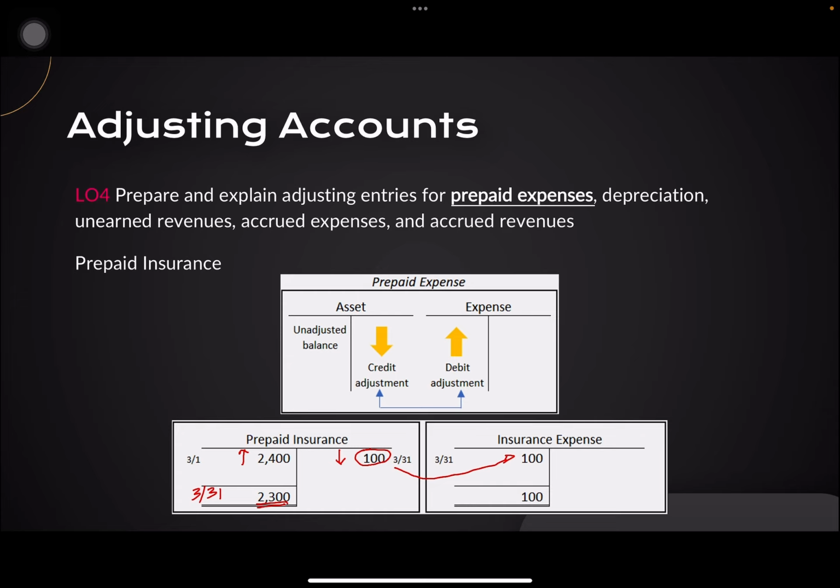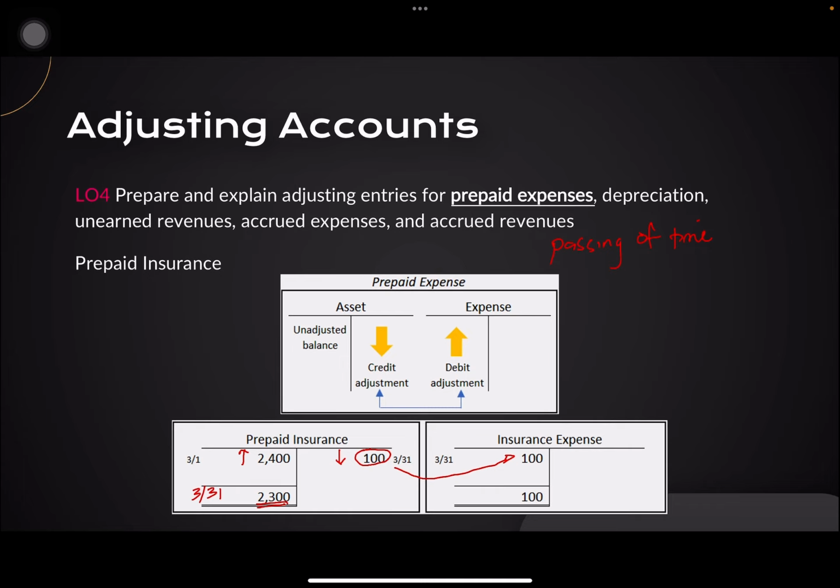So class, this is an example of passing of time. I've mentioned a while ago that there are two types of expenses that happen. It may be through direct usage or passing of time.